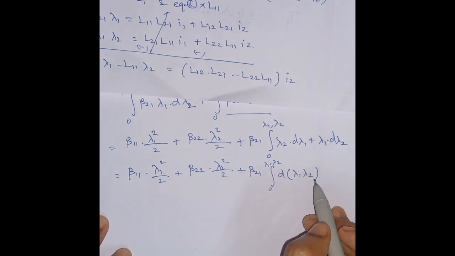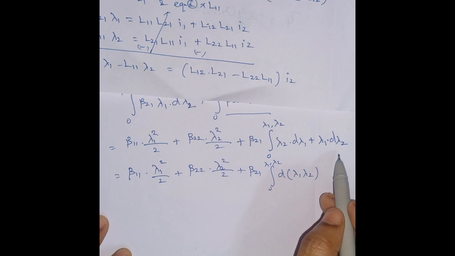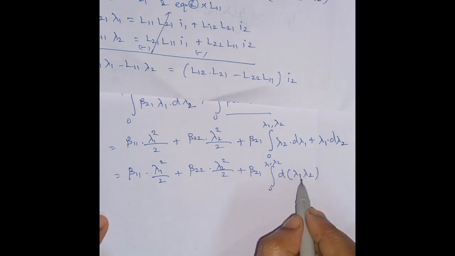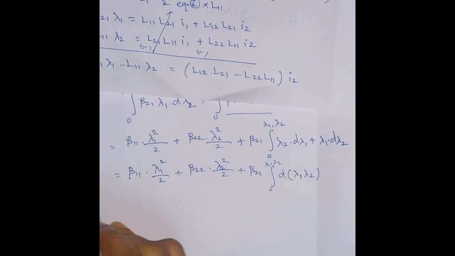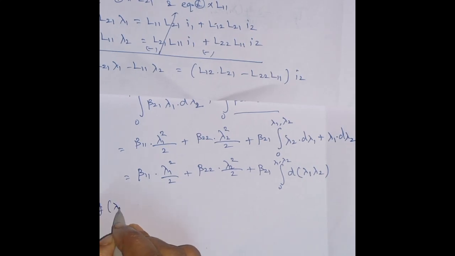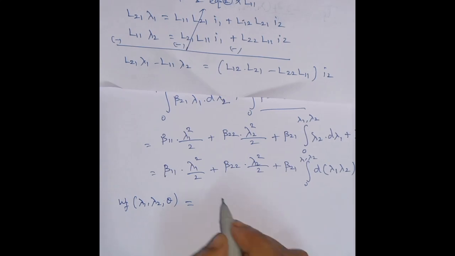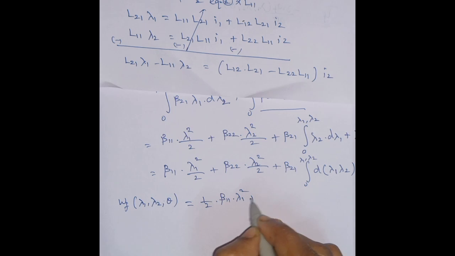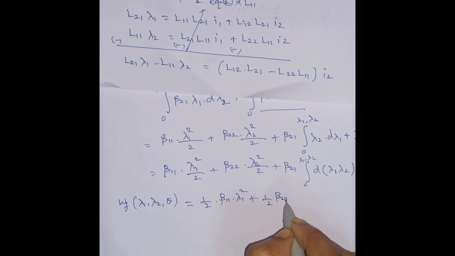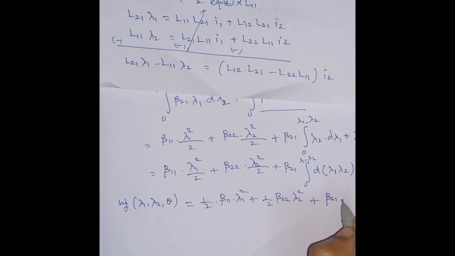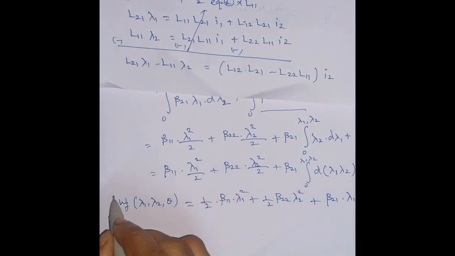We write it like this because there are two independent variables, so we can differentiate both, and either way we will get lambda 1 lambda 2 only. So the final answer is: WF of lambda 1, lambda 2, theta will be equal to 1 by 2 beta 1 1 lambda 1 square plus 1 by 2 beta 2 2 lambda 2 square plus beta 2 1 lambda 1 lambda 2, okay?